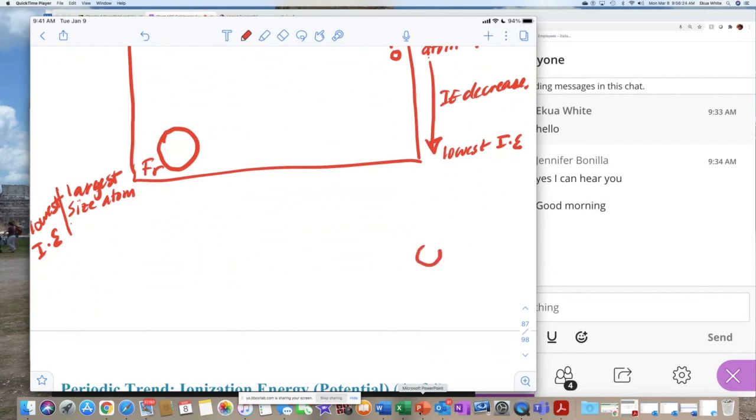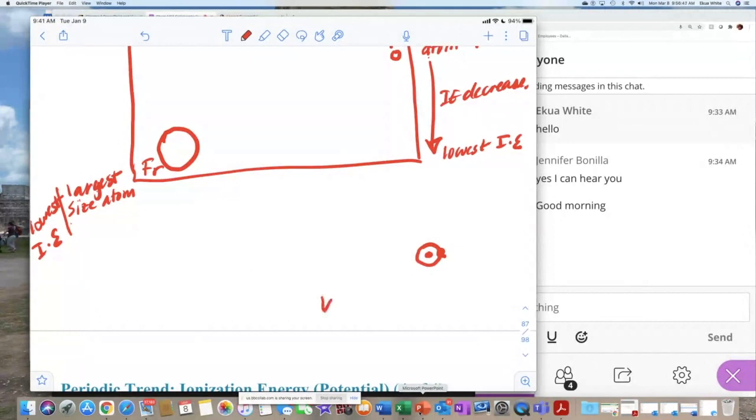In a small, stingy atom like fluorine, I'll say this is the nucleus. This is positive, right? The outermost electron is not that far from the nucleus because the atom is so small. It's so tiny already to begin with. It's the smallest atom we have.